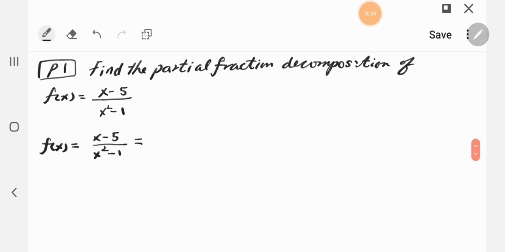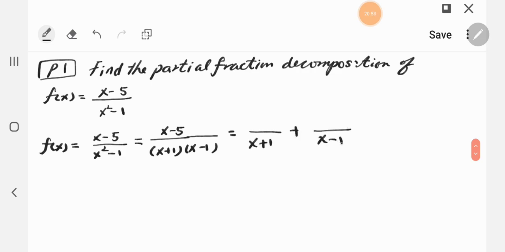The denominator, we have to factor the denominator first. The denominator is a difference of squares, so x plus 1, x minus 1. Since there are two linear factors, we can separate this one using x plus 1 and x minus 1.